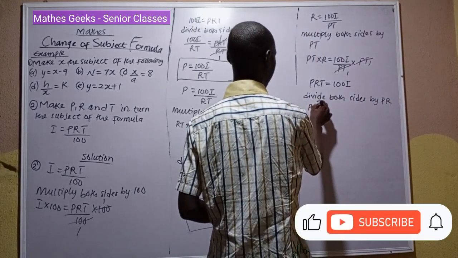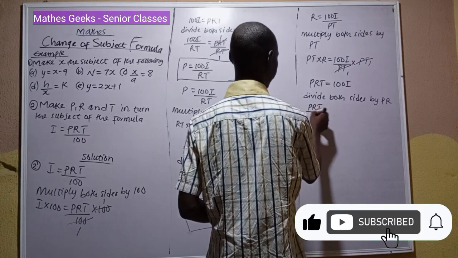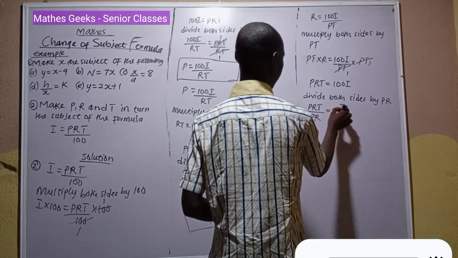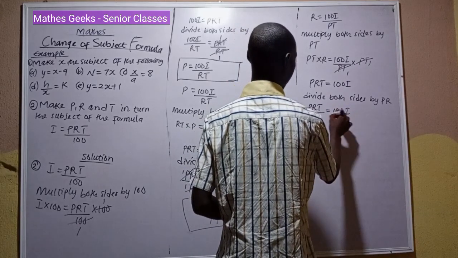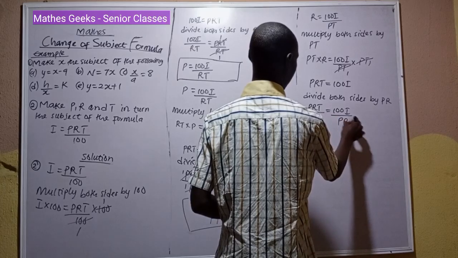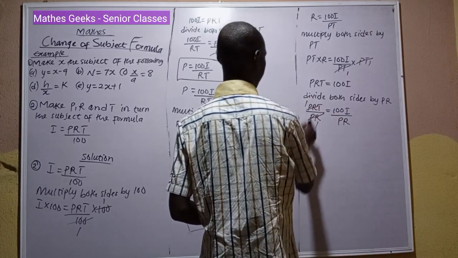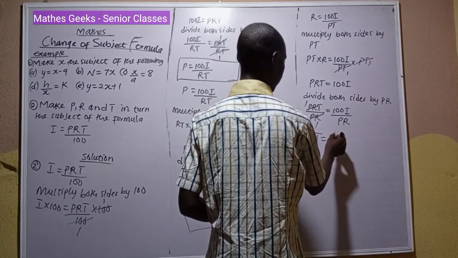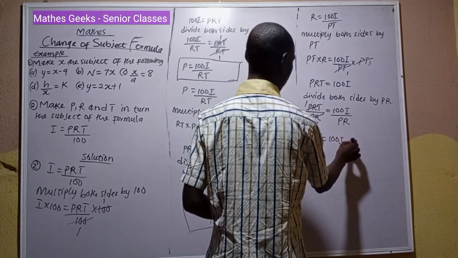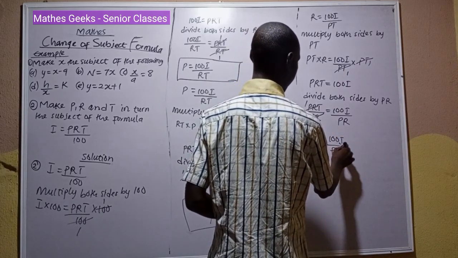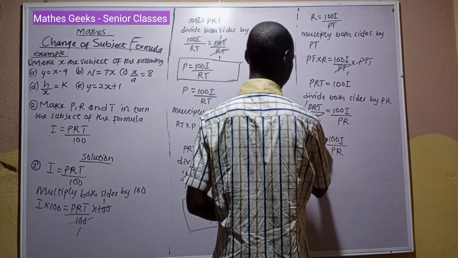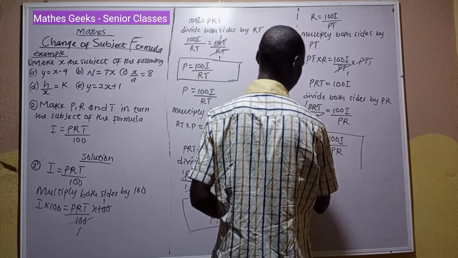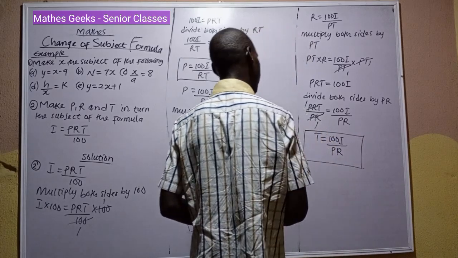So PRT over PR equals 100I over PR. So PR will cancel. 1 divided by 1 is 1. 1 times T is T. So T equals 100I over PR. So this is the formula for our time.